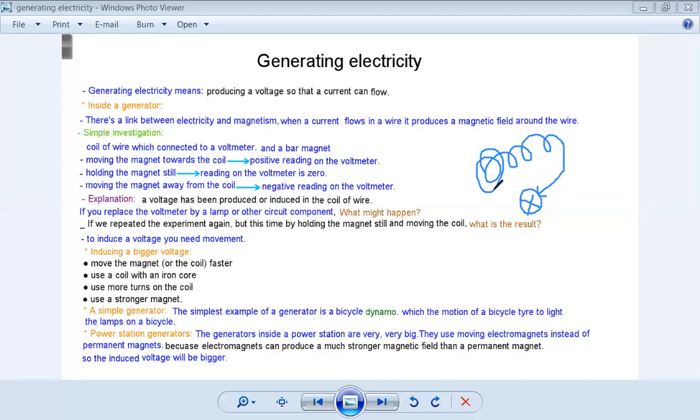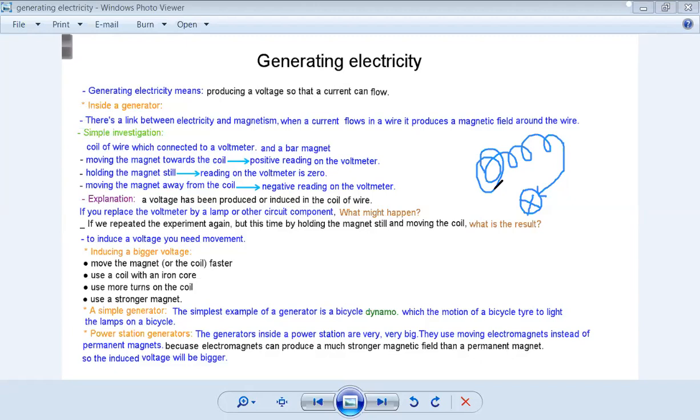The simplest generators use weaker magnets, but in the power stations they use electromagnets. These electromagnets will induce more voltage because they have a much stronger magnetic field, so they will produce more voltage.